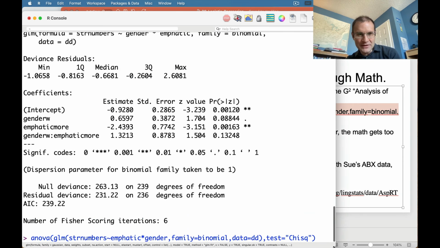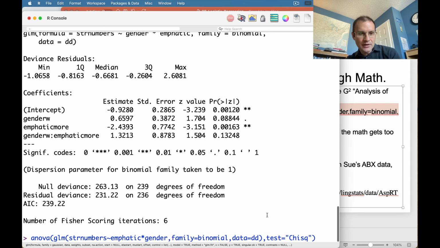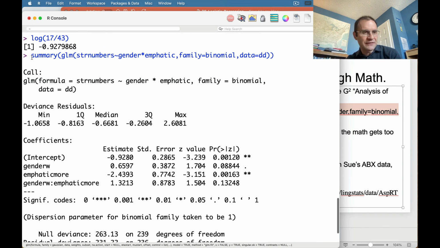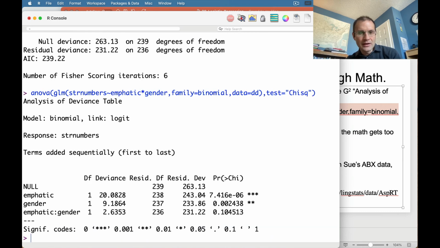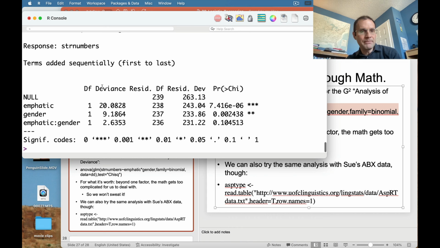It is basically this exact same command, except I'm adding this comma test equals chi-squared here, which gives us the ANOVA, or the analysis of deviance. And the other part that's different is we're going from summary, which will look like a linear regression summary, to the ANOVA part here. So it'll be more like an ANOVA set of results when I actually run it.